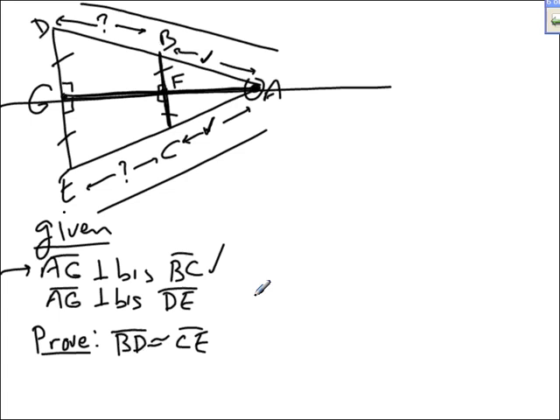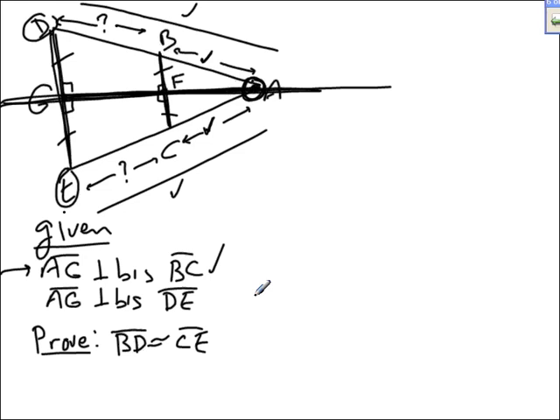That is, AD and AE. Point A is on the perpendicular bisector of DE. That means the distance from A to D, and A to E are equal.